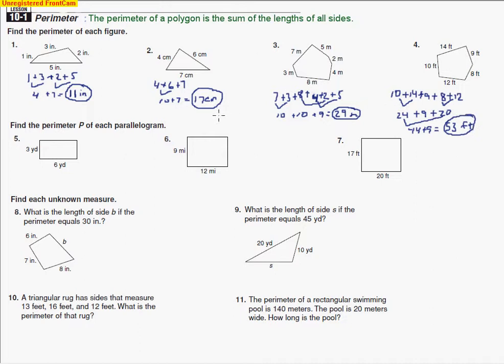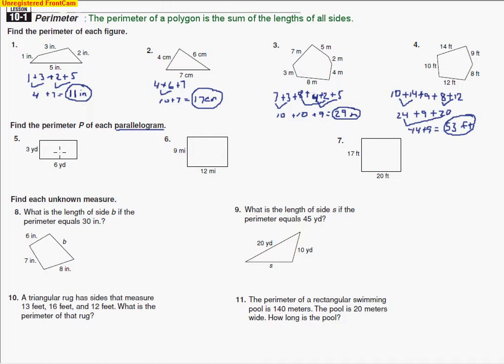Well, we've got another set of directions here. On this one, we're asked to find the perimeter P of each parallelogram. So we have to know something about parallelograms, because you don't have all the lengths of the sides, but they tell you it's a parallelogram. Parallelogram means that the two sides that are opposite are parallel.